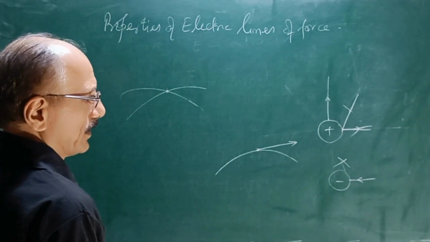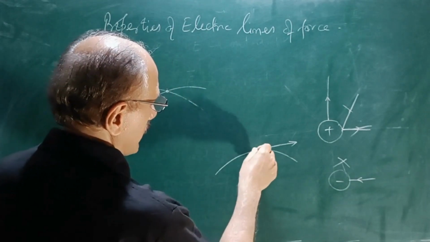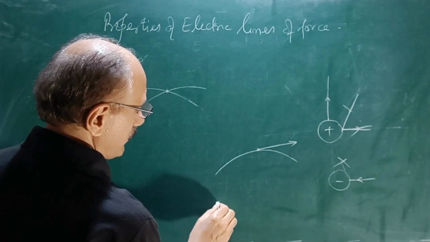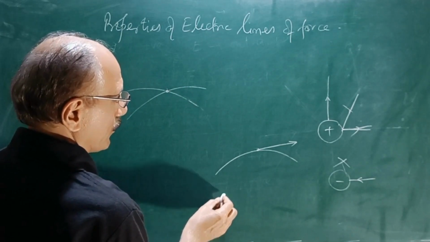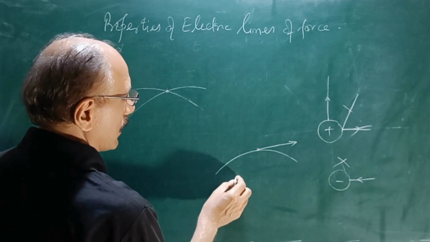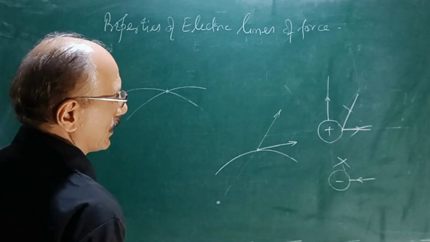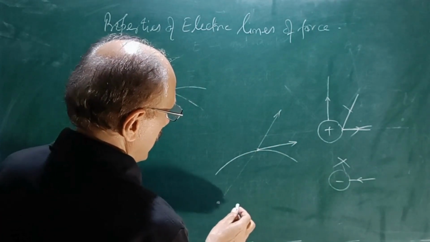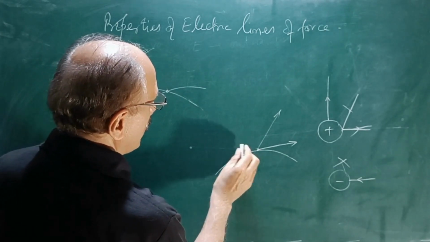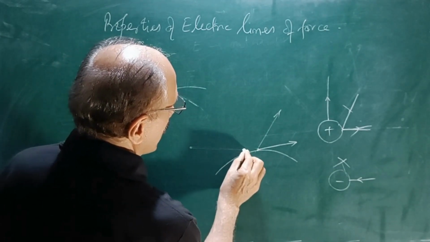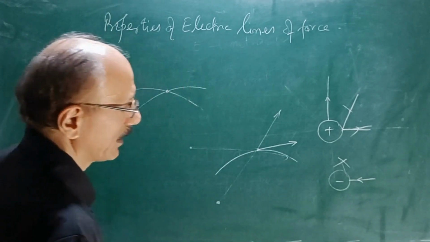Suppose we have here a charge, so the electric field due to this charge will be this way, and suppose there is some other charge due to which the electric field will be somewhere here.